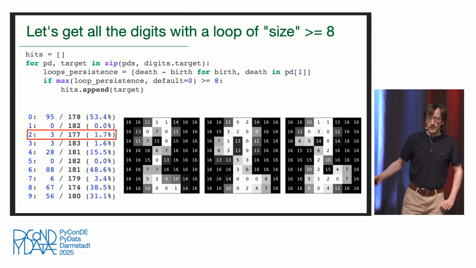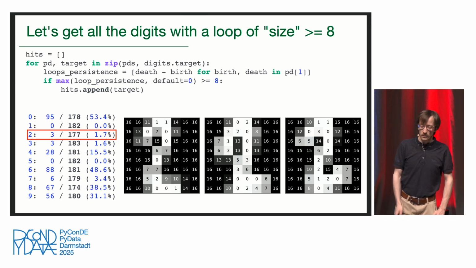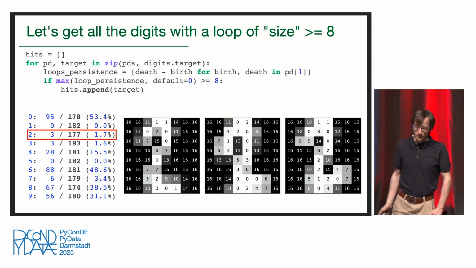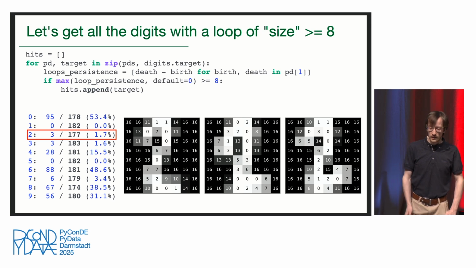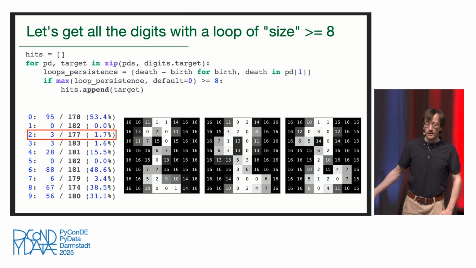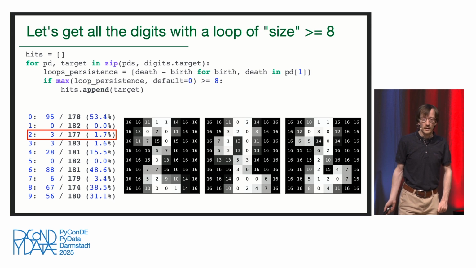With this, it's quite clear, and I can look back at the images and say, oh, okay, it's because, let's look at the first image here. You see the loop. There is a loop that's created at radius 6, and then it dies at 15, right? So that's length 9, and that's why it appears as a hit.